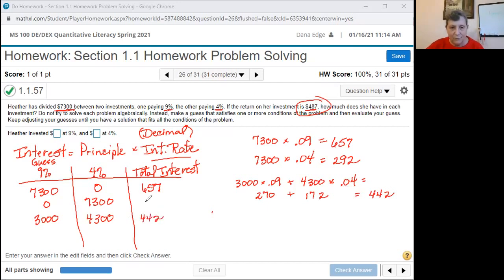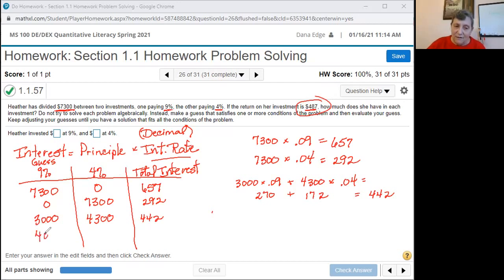I didn't even put down the amount here. That was 292. Okay, this is still too small. We're looking for 487. So the way to increase the interest is to move some of the money in the 4% account over to the 9% account.